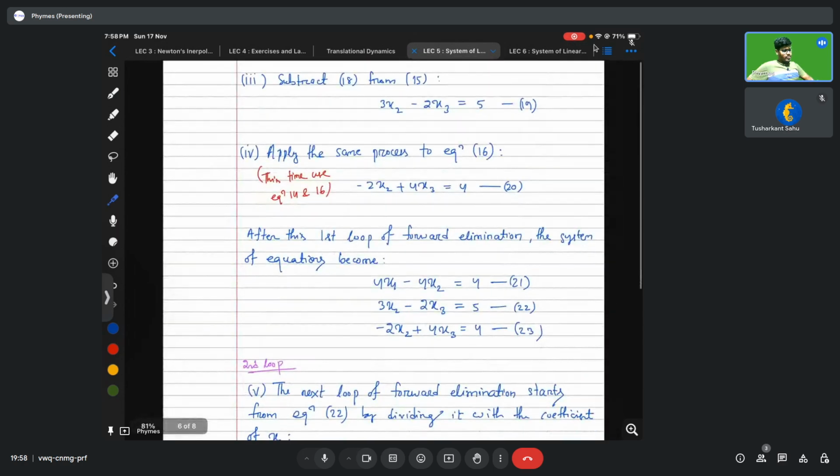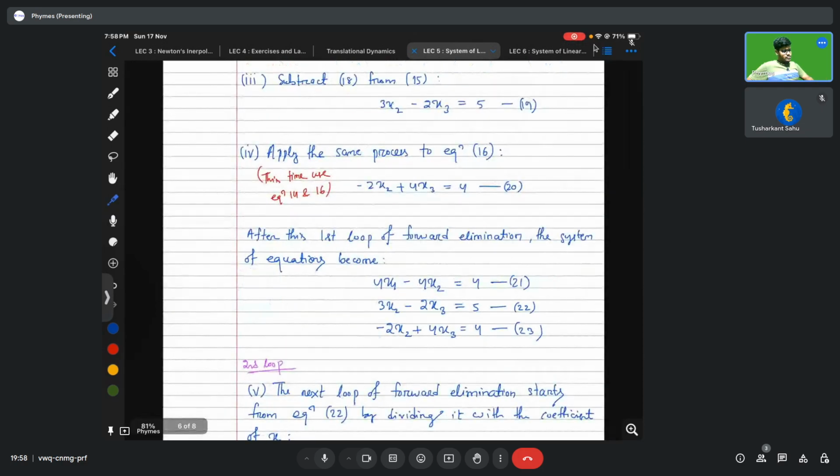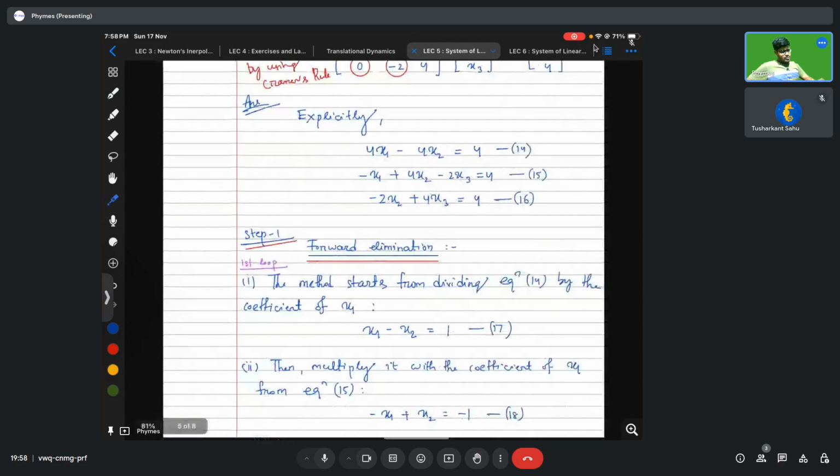And this equation 15 will become 3x2 minus 2x3 equals to 5, right? So our goal is achieved. In this first loop, we wanted to eliminate this x1 quantity from the equation 15.